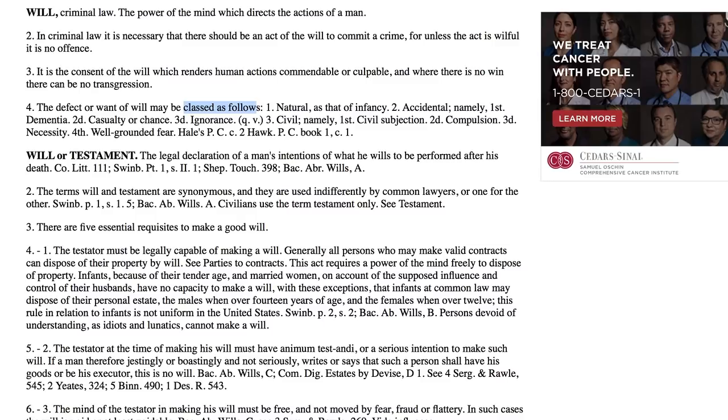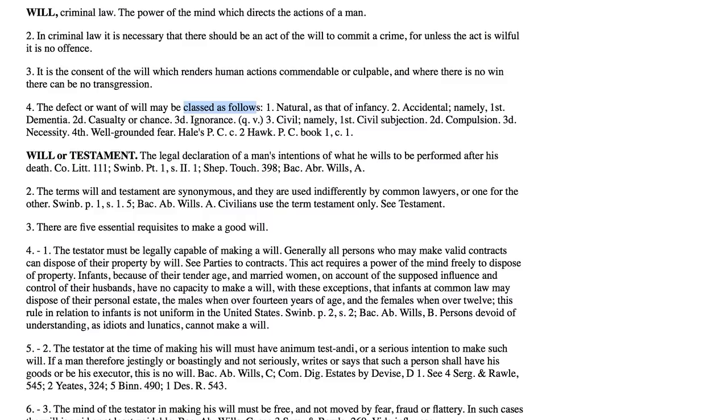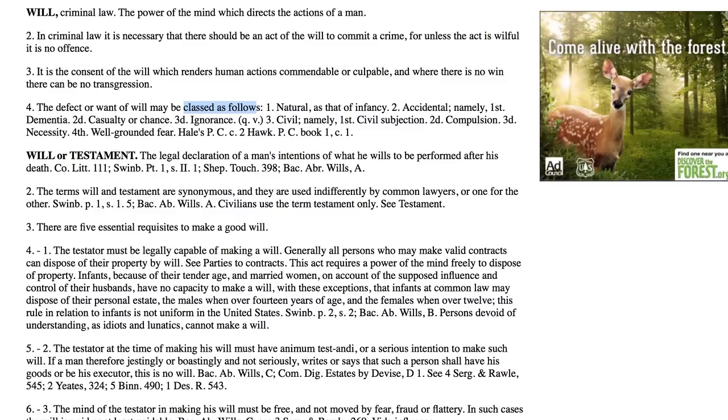The defect of the will is accidental, natural, that in infancy. So be careful. Just being a natural person is not as strong as being in the status of a man, because a man has full rights, and I say man both male and female, right?